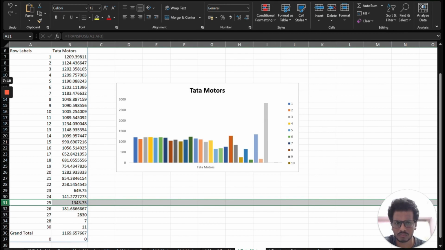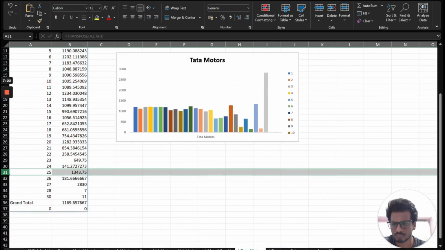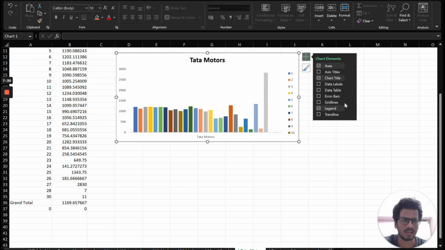Okay, 2830, the 27th position, is the highest. We can also add data labels here, but these look messy. So 2830 is the value. Okay, I'll just try to remove this. Fine, let's go ahead.